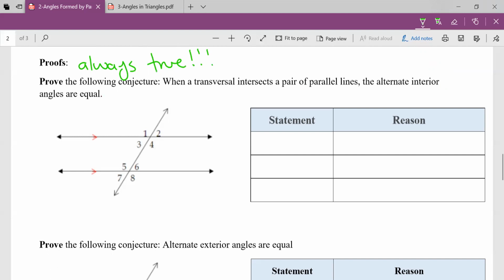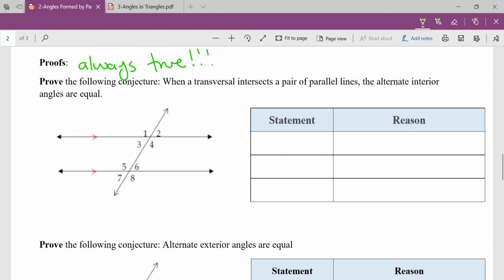Prove the following conjecture: when a transversal line intersects a pair of parallel lines, the alternate interior angles are equal. So what do we know here? We want to prove that alternate interior angles are equal. Let's go for it.